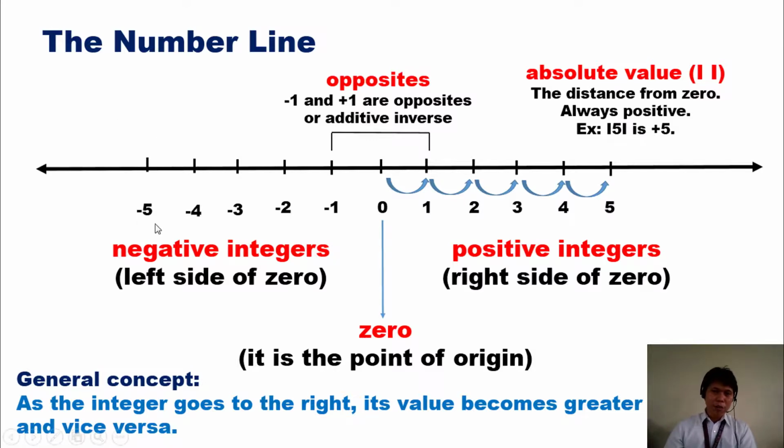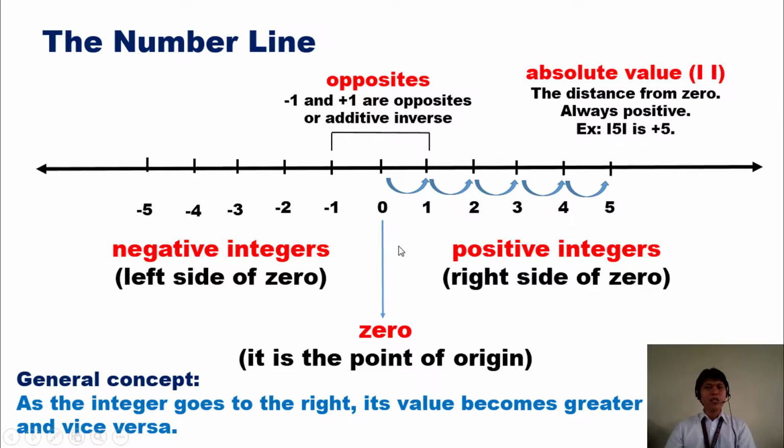So if you are going to compare negative 5 and 3, of course, negative 5 is lesser than 3. 3 is greater. However, if you are comparing large numbers, it may take a lot of time to draw the number line.